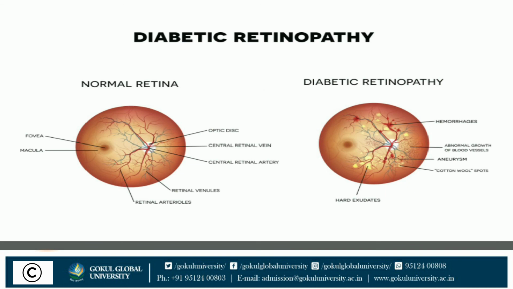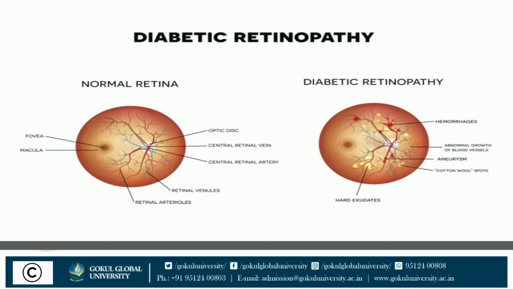Now, diabetic retinopathy. The first diagram shows the normal retina and the second shows diabetic retinopathy. If you visualize it through the ophthalmoscope, you will see this difference between the normal retina and the diabetic person. Fovea, macula, optic disc, central retinal vein, central retinal artery, retinal venules, retinal arterioles.